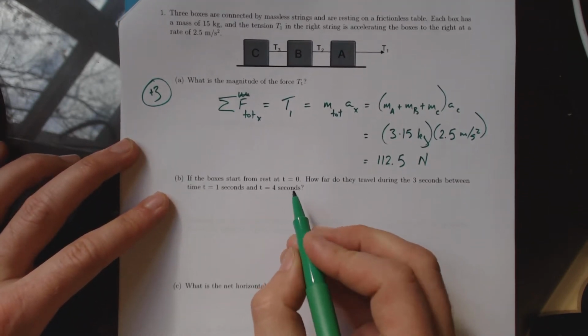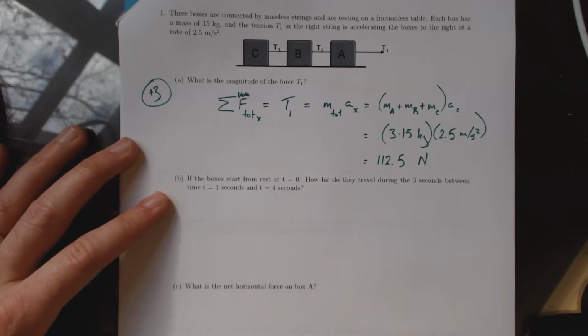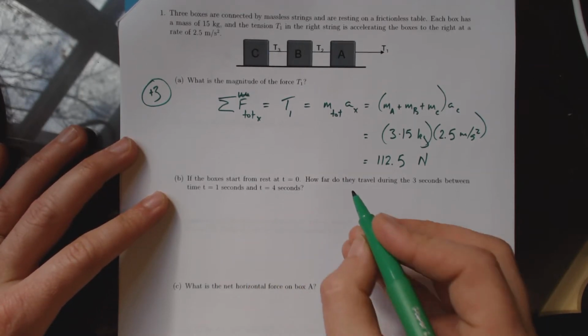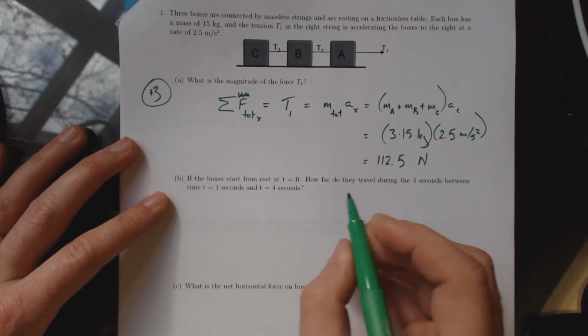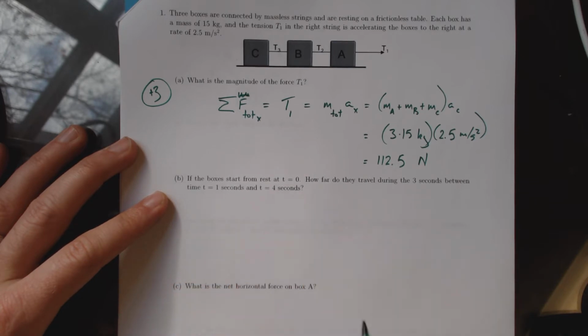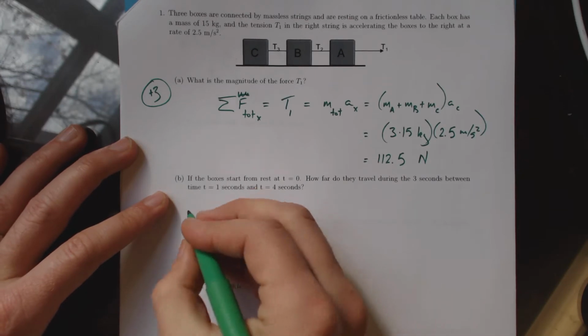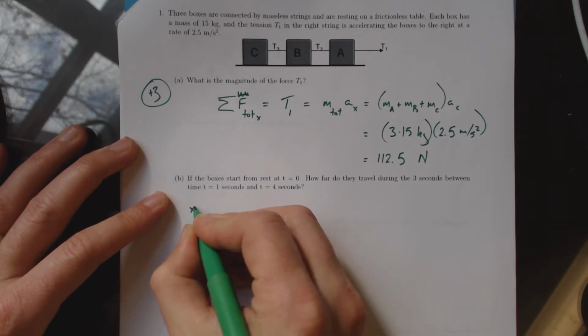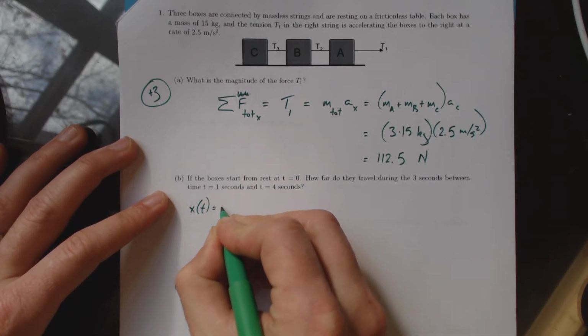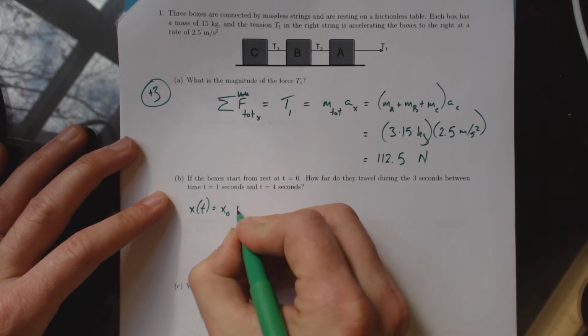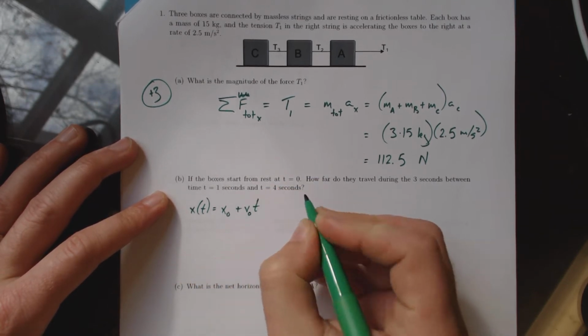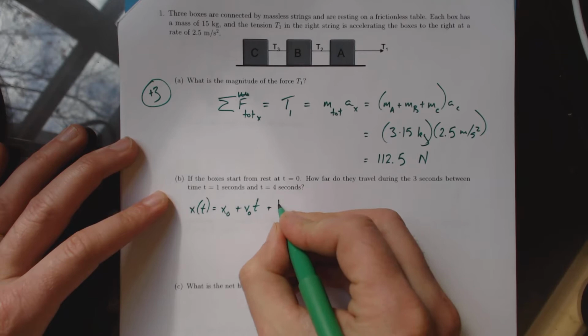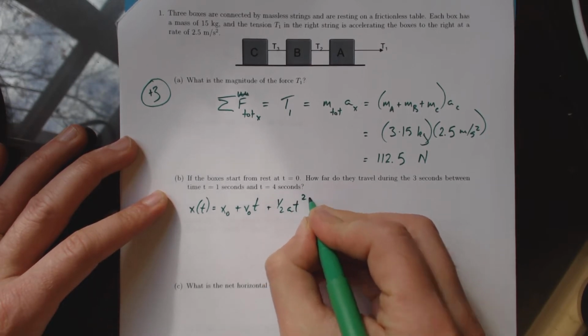Now this other one says the boxes start from rest at t equals 0. How far do they travel during the 3 seconds between time t equals 1 and t equals 4 seconds? Okay, so the equation to use here would be the kinematic equation: x equals x naught plus v naught t plus 1/2 at squared.